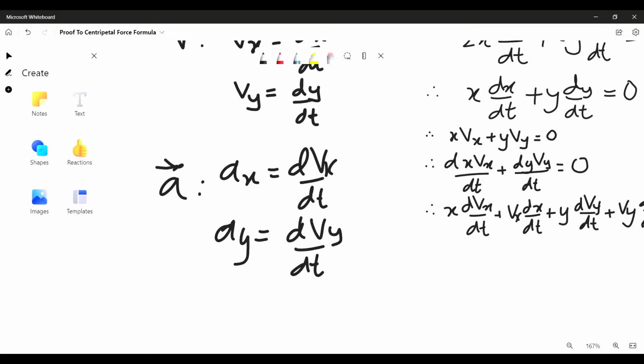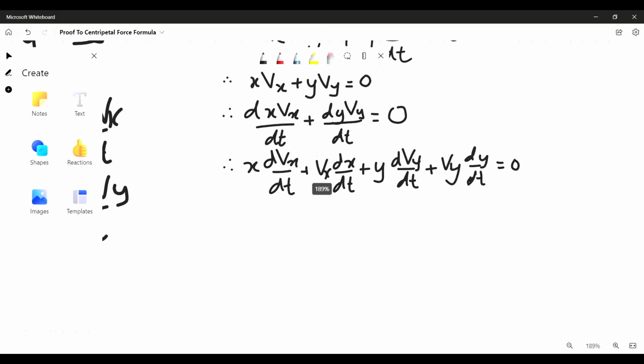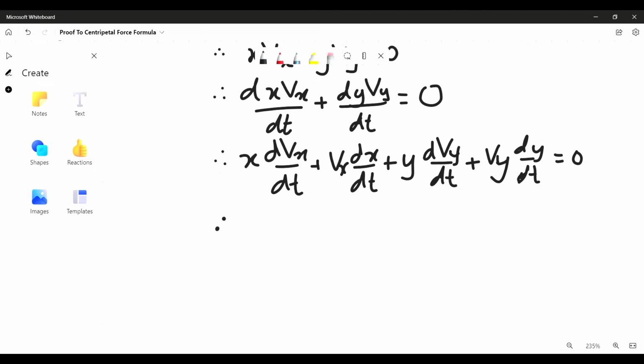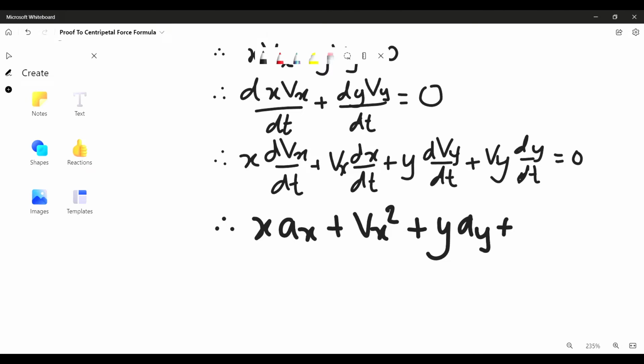So we can now replace this to say x times ax plus Vx squared, since dx over dt is equal to Vx, plus y times ay plus Vy squared, as dy over dt is equal to Vy.